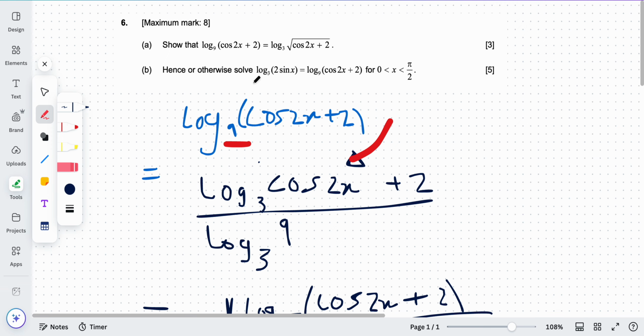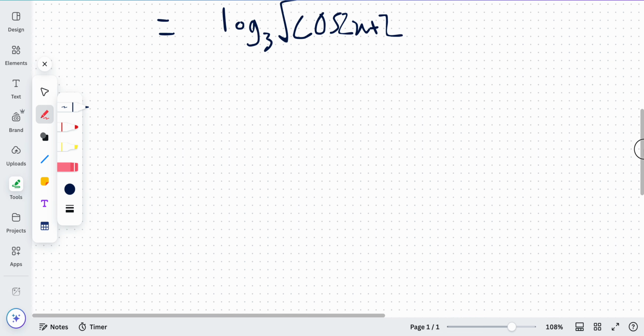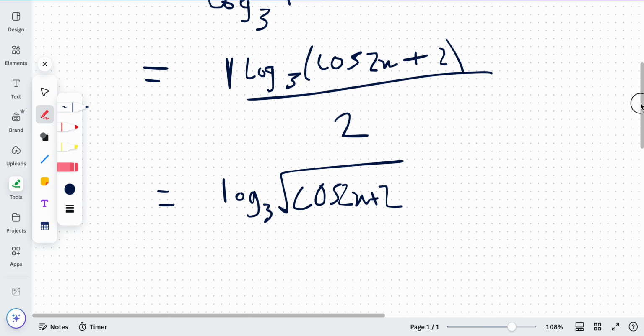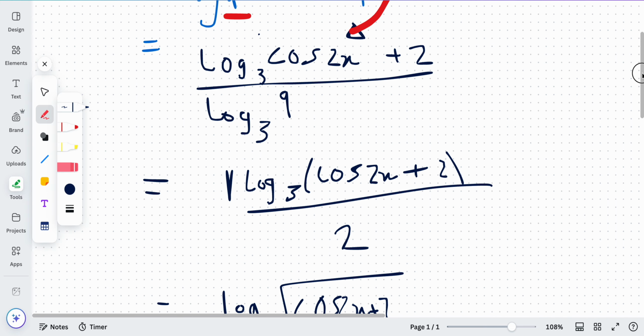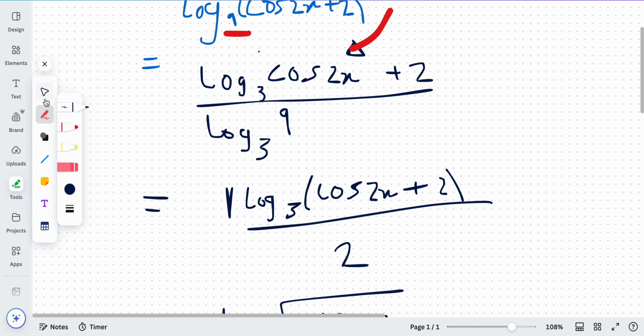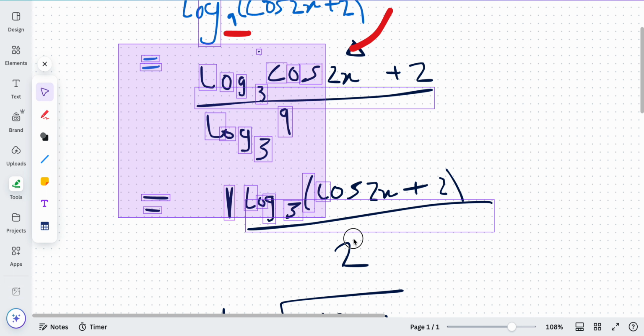And then the next part says, hence or otherwise, solve log base 3 of 2 sine x equals log base 9 of cos 2x plus 2, with this interval for x. I think we can build on from this.